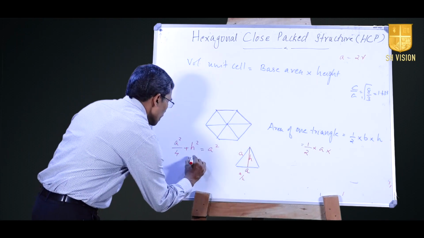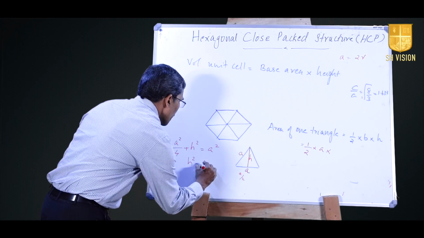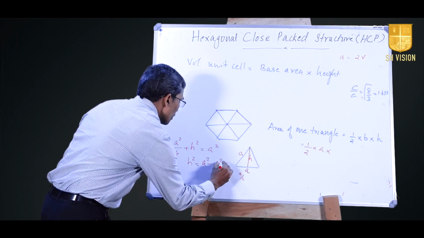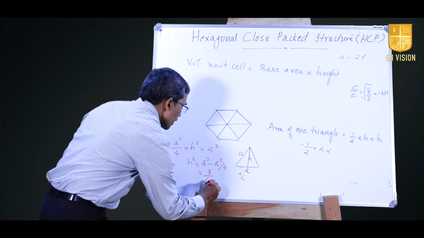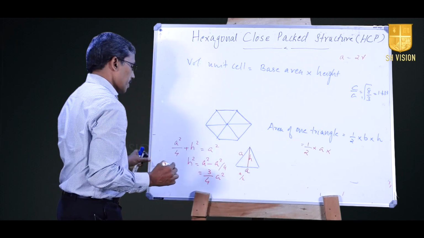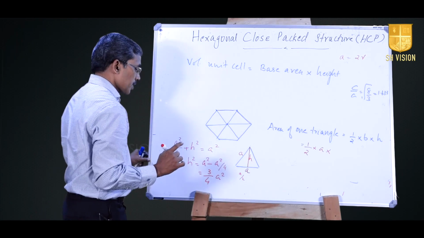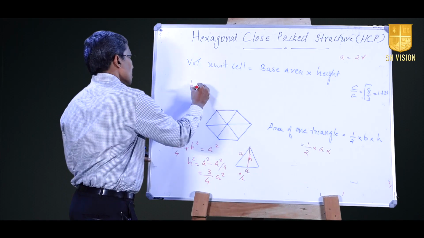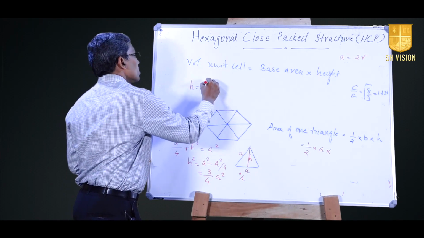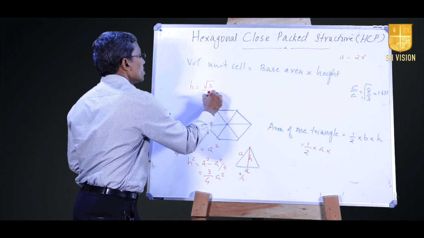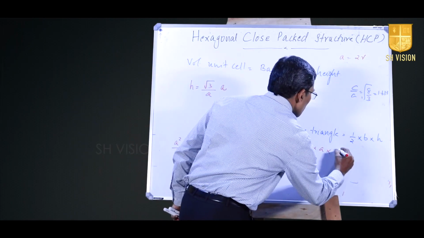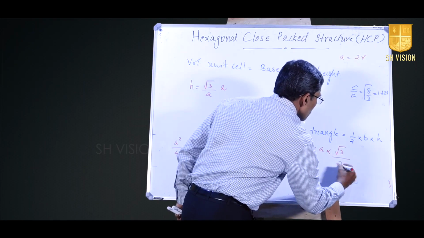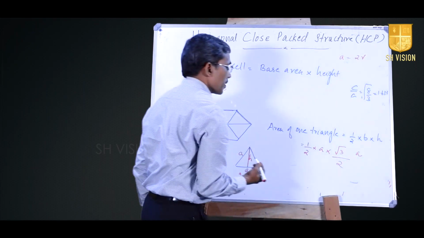Therefore, h square is equal to a square minus a square by 4, that is 3 by 4 a square. Therefore, h is equal to root 3 by 2 a.